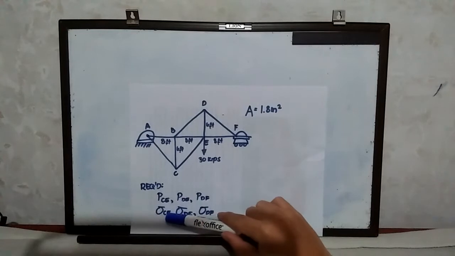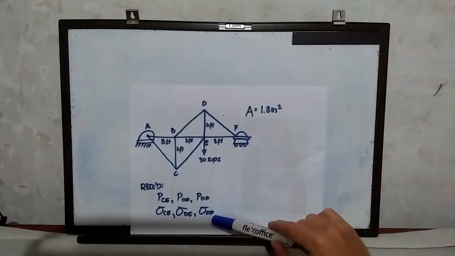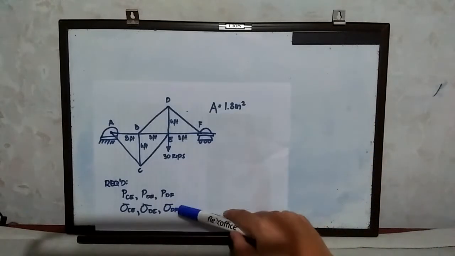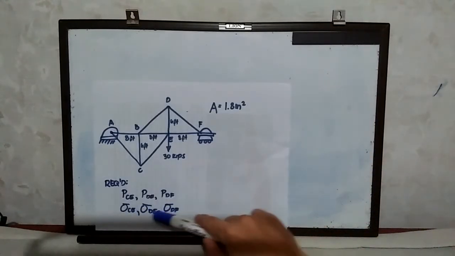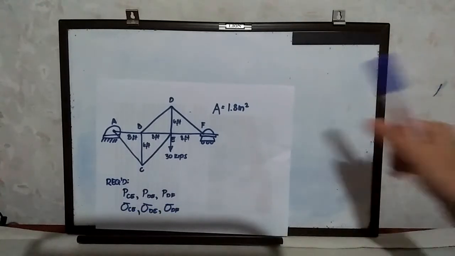So we have sigma sub CE, sigma sub DE, and sigma sub DF. So all we need to do is solve for each member and its corresponding axial stress, or normal stress.